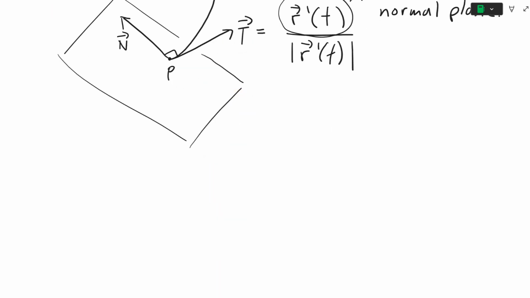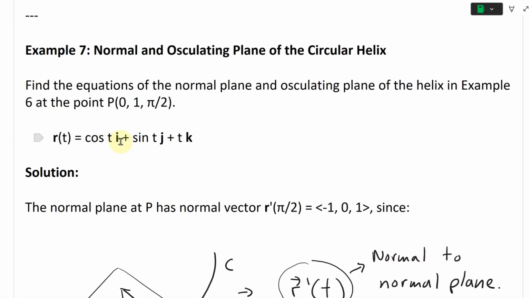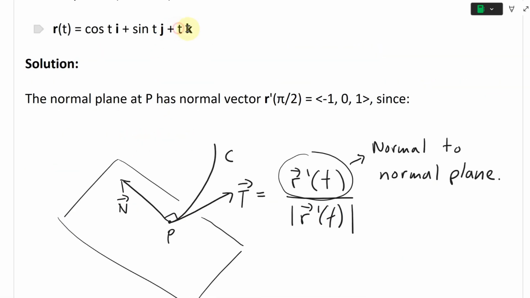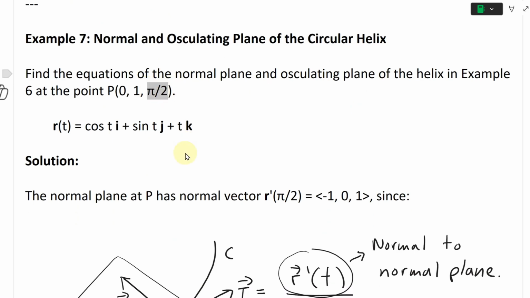So at P, which has z equal to pi over 2, this is this point right here, because the vector function's z component is just t. So at pi over 2, that means t is pi over 2.